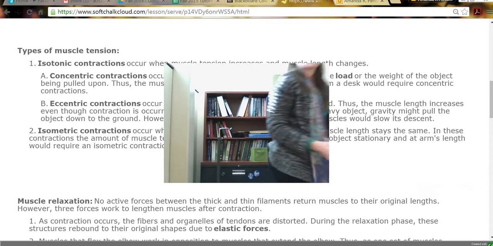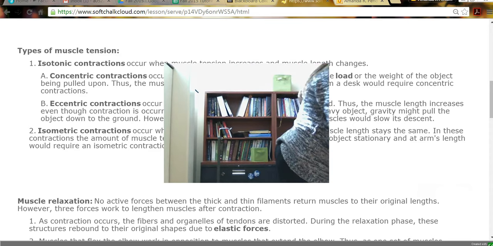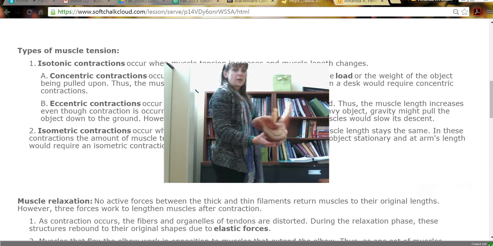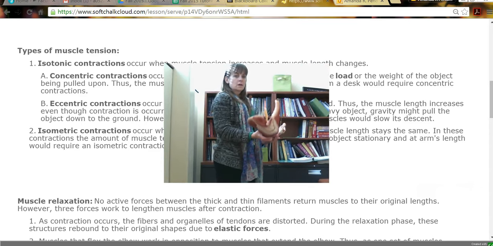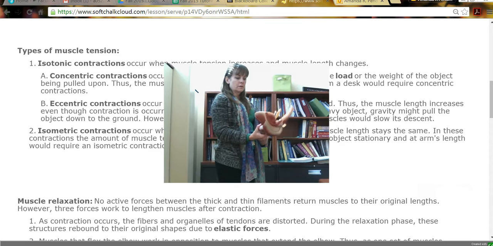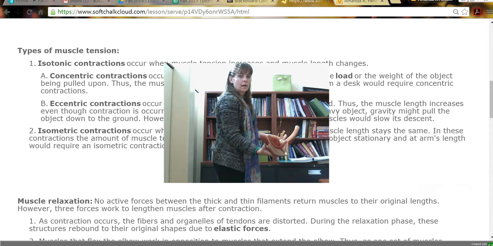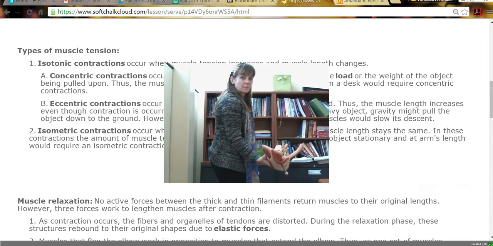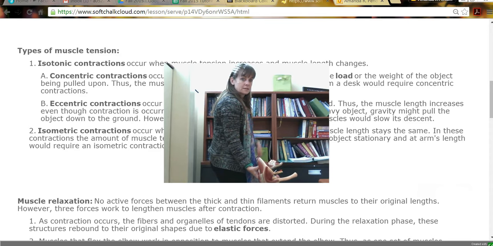Now let's say instead that this is very heavy, and I'm holding it with one arm. So maybe I'm contracting, I'm keeping it from going to the floor, but notice that my muscle length here is increasing.